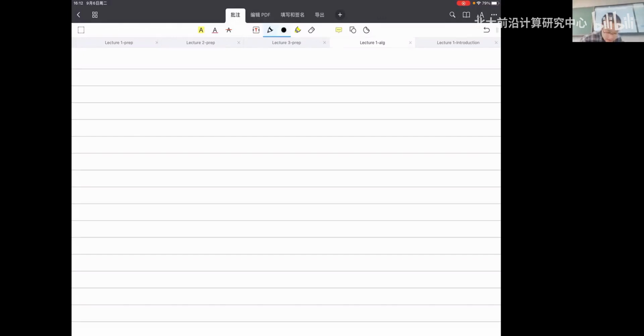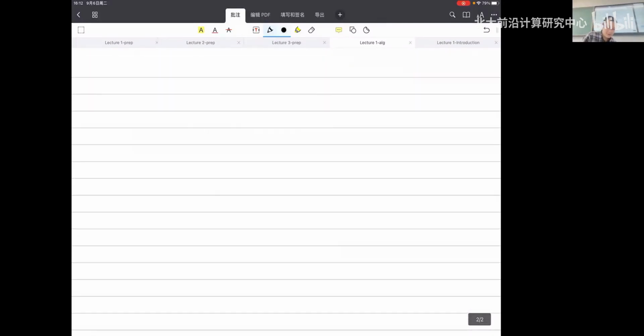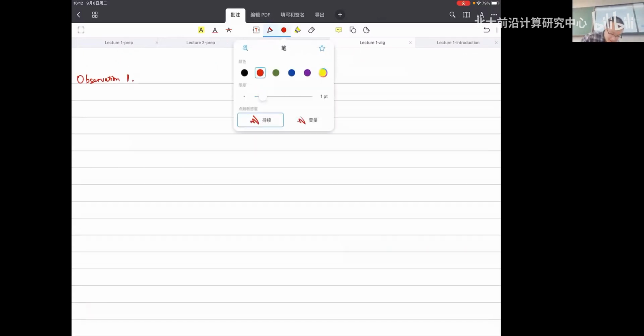Let's give a more detailed, more rigorous understanding of the behavior of this Gale-Shapley algorithm. We are going to make some observations. The first observation sounds trivial, but after we have written down all of the observations, we will find that some non-trivial things happen.